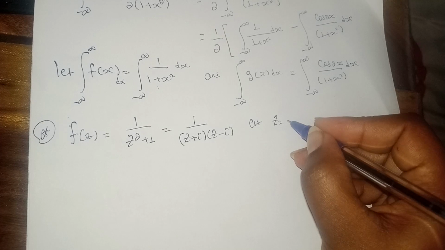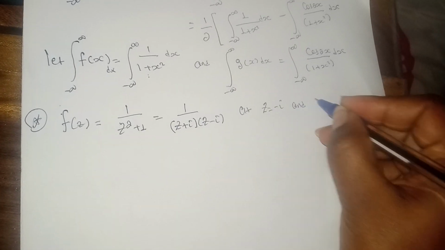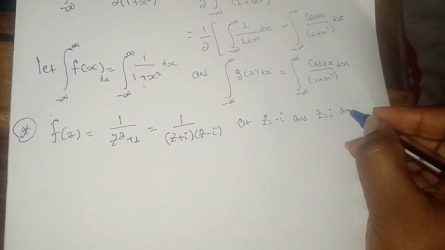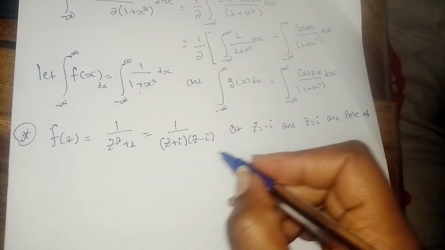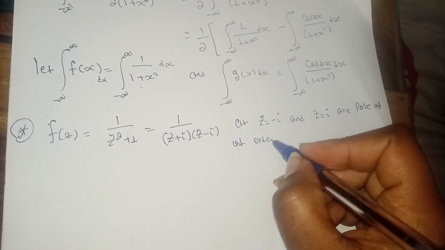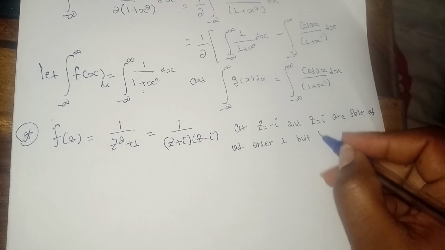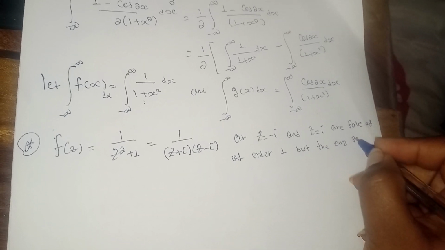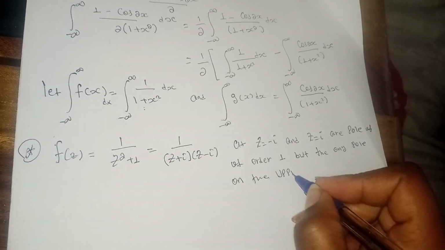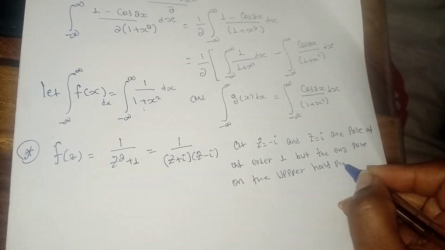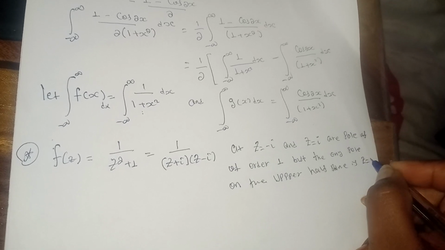At z equals minus i and z equals i there are poles of order 1, but the only pole in the upper half plane is z equals i.